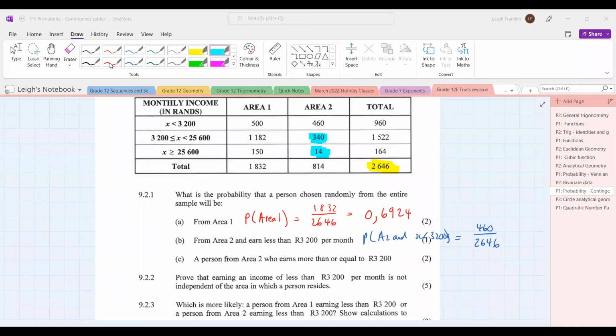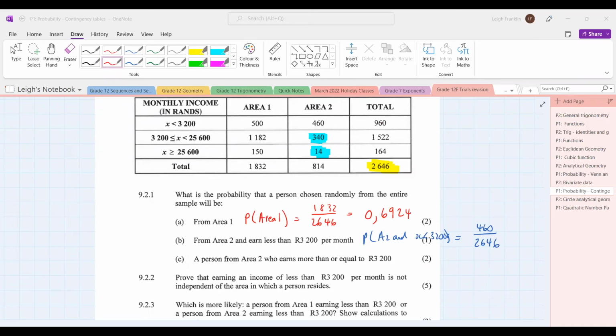Okay, so this was a little bit of a sneaky question. If you earn more than 25,600 Rand a month, you still earn more than or equal to 3,200, don't you? So you're going to have to add those two together. If you earn between 3,200 and 25,600, or if you earn more than 25,600, it's still more than or equal to 3,200, isn't it?